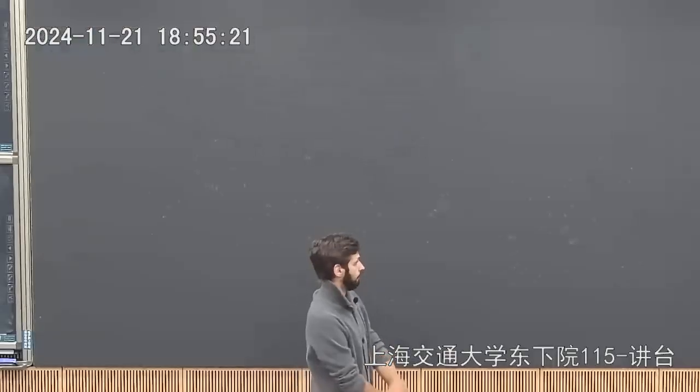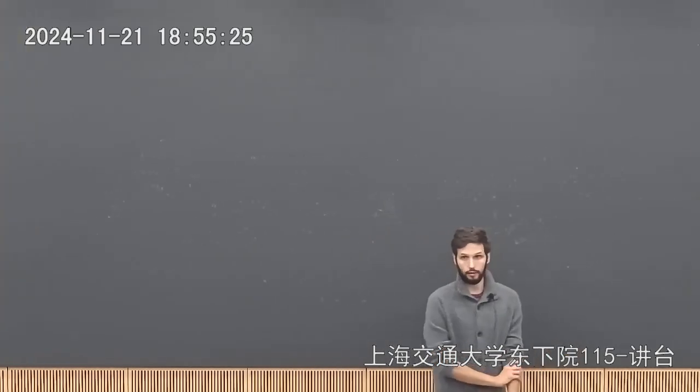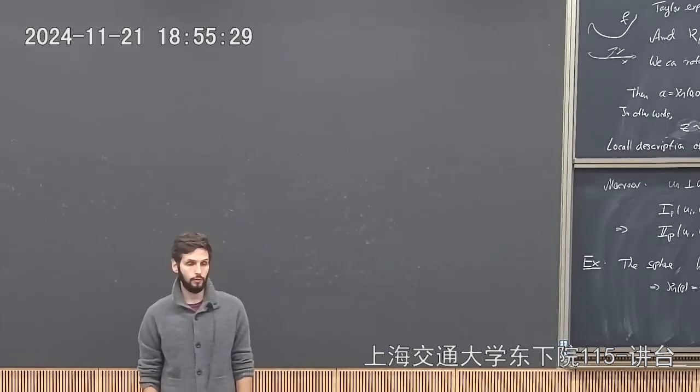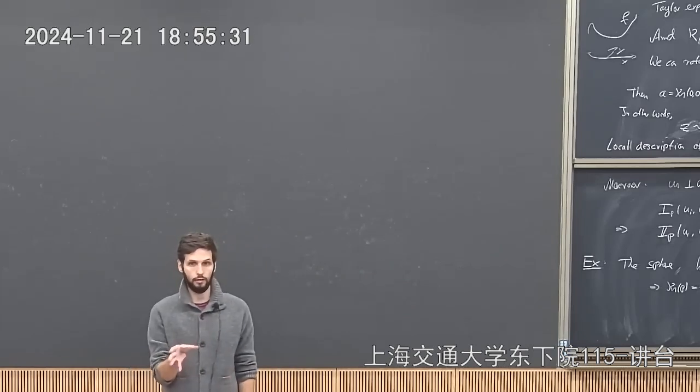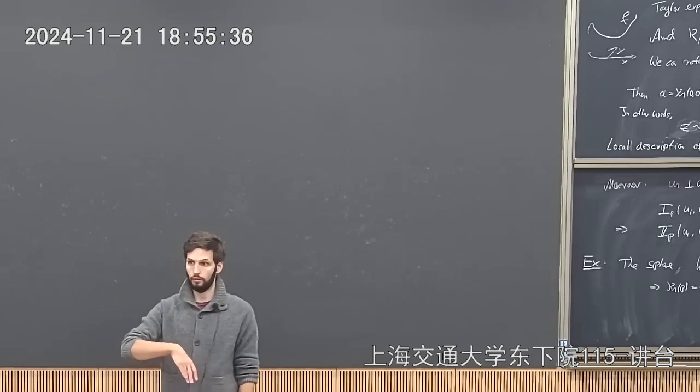That's in the same spirit as what we had for curves, where we had the fundamental theorem of curves, saying that once you know the curvature function and the torsion function, you can reconstruct the whole curve.